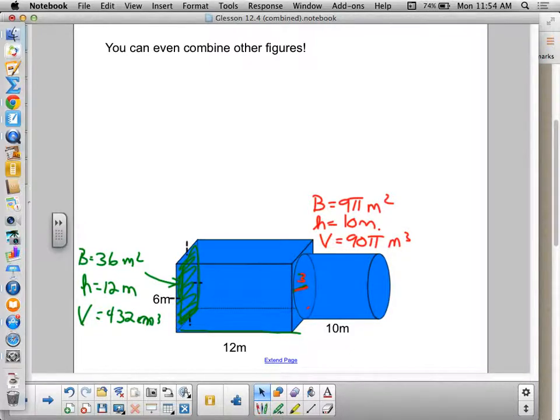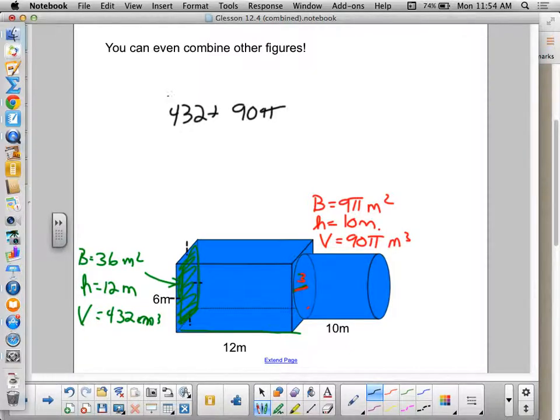So the combined volume will be 432 plus 90 pi meters squared, meters cubed, excuse me. We're almost always going to leave things in terms of pi here. Almost always. Just because it's easier, I don't have to multiply 3.14. Okay?